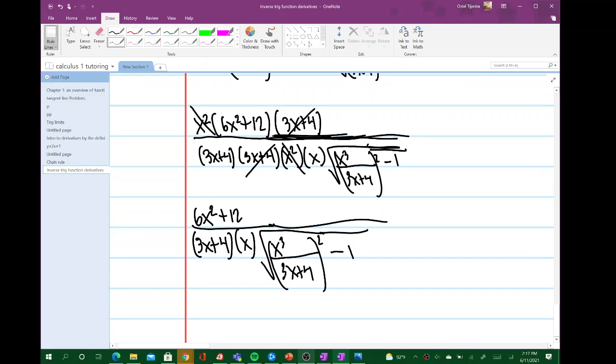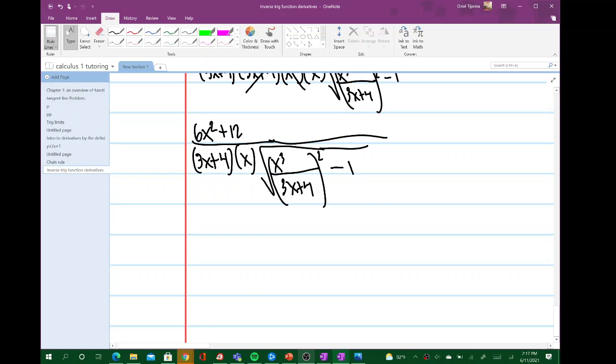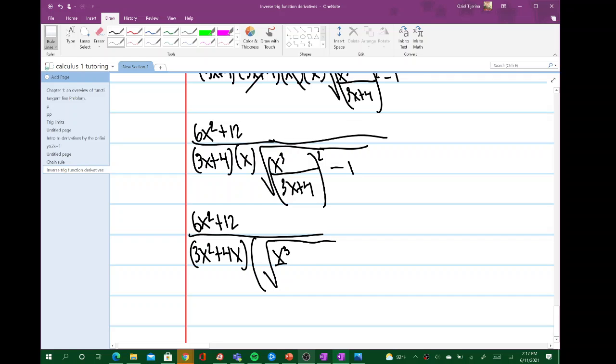And then you're going to say that this is just 6x squared plus 12 over 3x squared plus 4x, and you're going to do it all in parentheses, times the square root of x cubed over 3x plus 4 quantity squared minus 1.